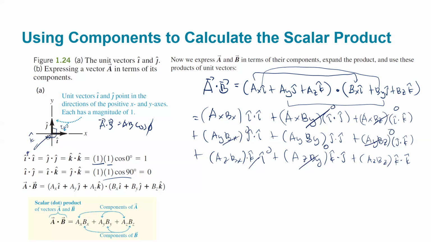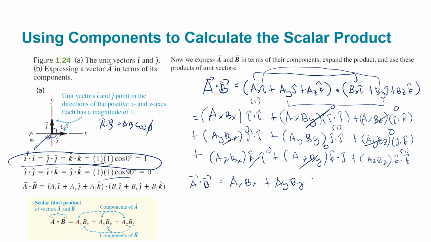So we know that j dot j is the same. The angle between them is 0, so this is just equal to 1. So this is 1, this is 1, this is just 1. So A dot B is just equal to AX BX plus AY BY plus AZ BZ.